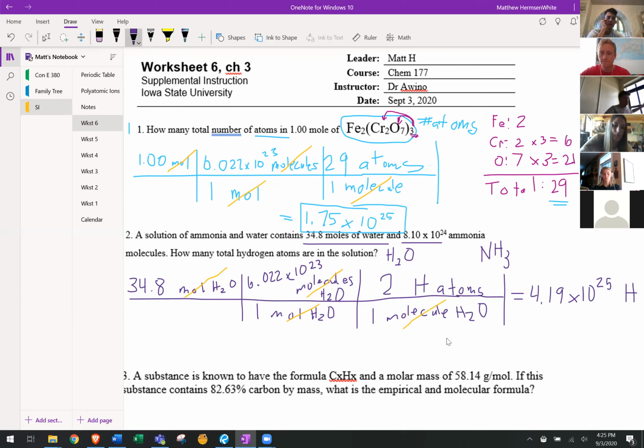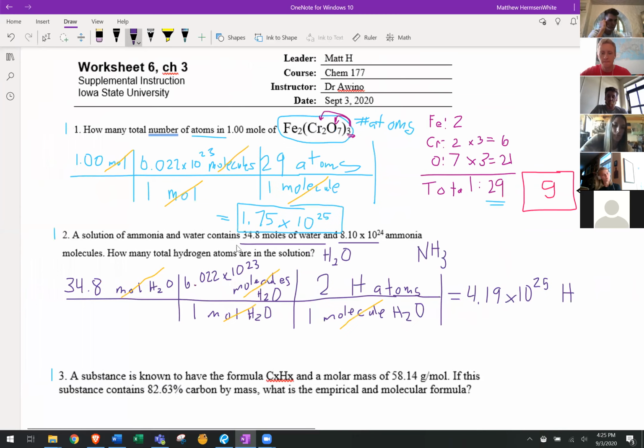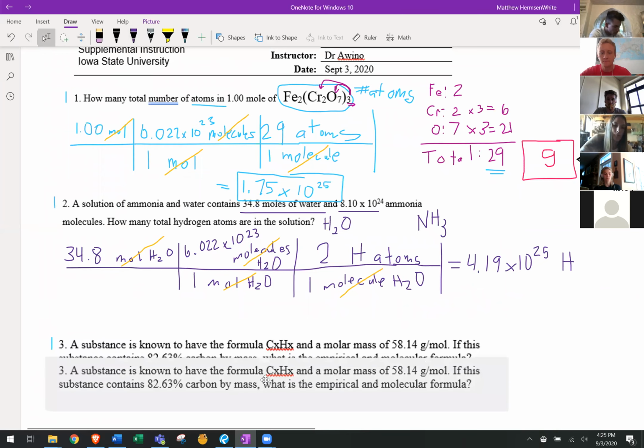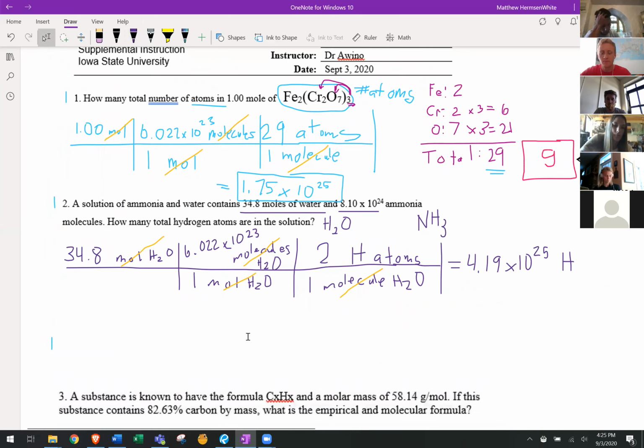Wait, wouldn't there be? Oh wait. Did I make a mistake somewhere? Well, I was thinking, isn't the amount of hydrogen atoms in H2O 2/3 of the actual count? Because there are 3 atoms total, but only 2 of them are hydrogen. Right. So you could do what we did up here.